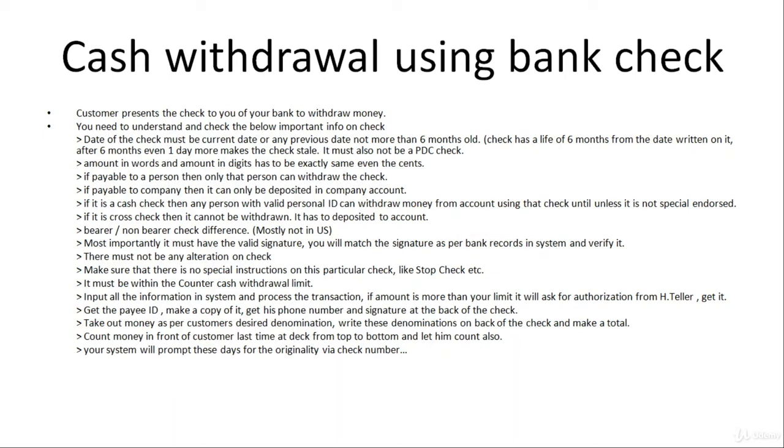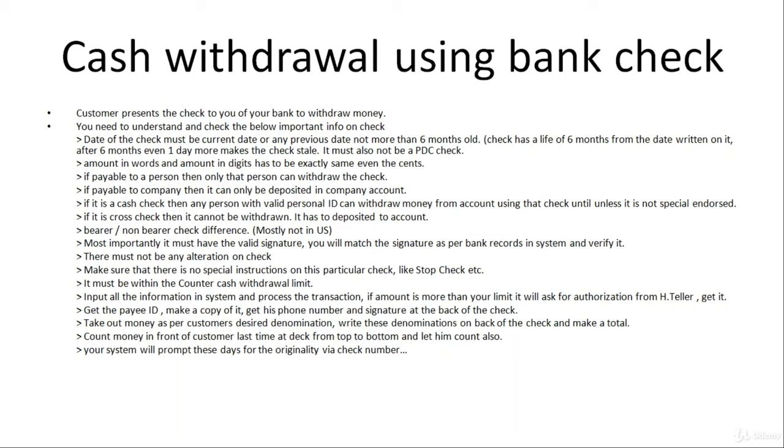The system will process the check if the amount is within your threshold. Every teller, every branch, every bank has its own criteria of limits. Suppose your limit is $10,000 withdrawal single-handedly with your signature. If the check is below $10,000, your system will just process it, it will get validated, and the customer account will get debited.